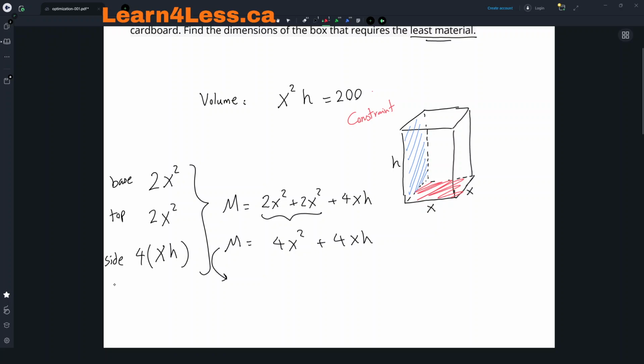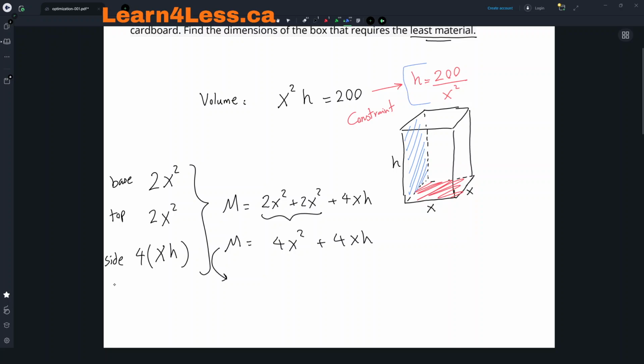From the constraint, I can try to solve for h, because as I said, x and h are dependent on each other. So I can say h is equal to 200 over x squared. You have an option to solve for x as well, but that would be a longer process, because first of all you need to take a square root, and there are a bunch of spots where you need to replace things. But h is the easiest.